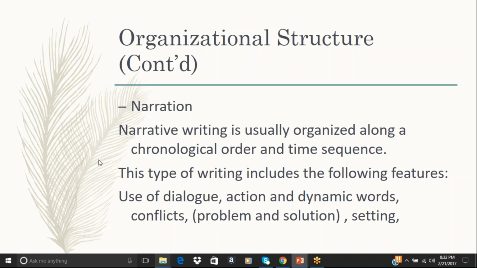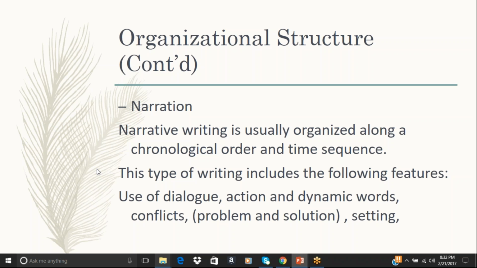Let me just see what is being typed here. Samuel said it is the most interesting. All right, so you're referring to the climactic aspect of the narration, and as such, if we're using problem and solution, you can understand how the problem was developed from the rising action, as Dominic said, and then afterwards, obviously, there would be a conflict, and then coming down towards the end of the narrative, there's going to be a falling action and a resolution, which is how solution could actually come as well, all right?